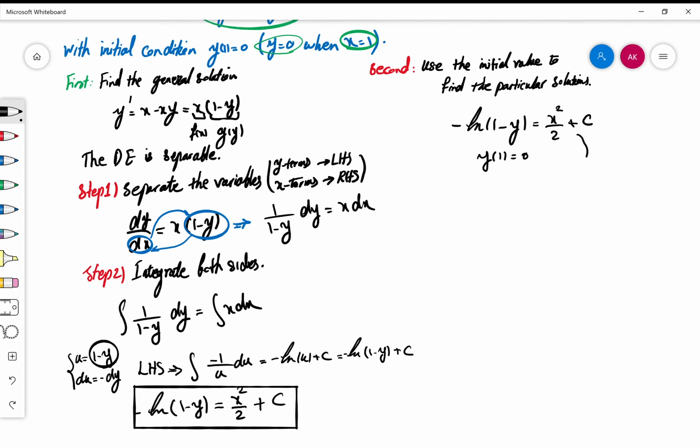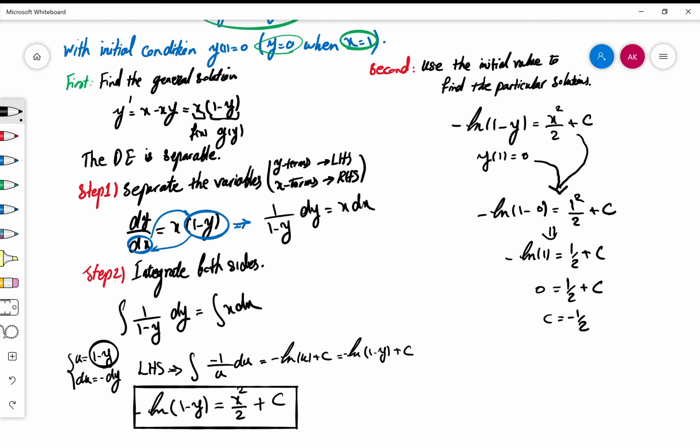So if you apply that, what you see here is minus ln of 1 minus 0 equals 1 squared over 2 plus c. And then this is minus ln 1 equals 1 over 2 plus c. This guy is 0, equals half plus c. And then c is equal to negative half.